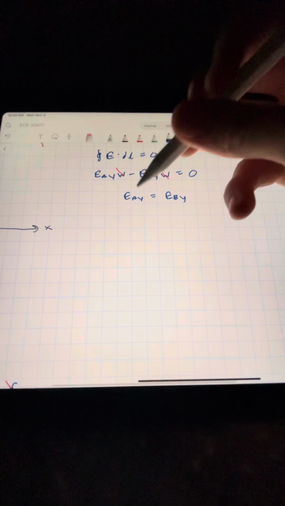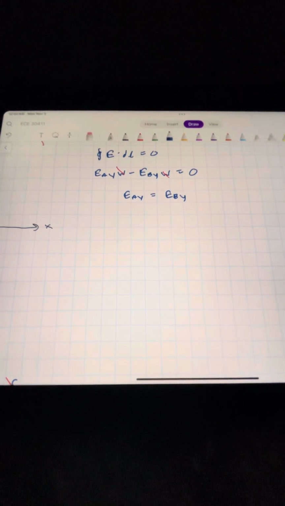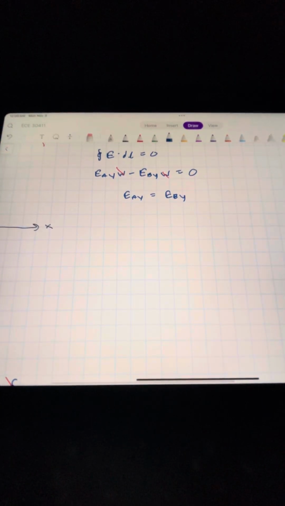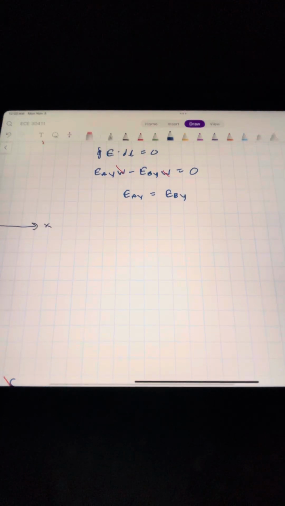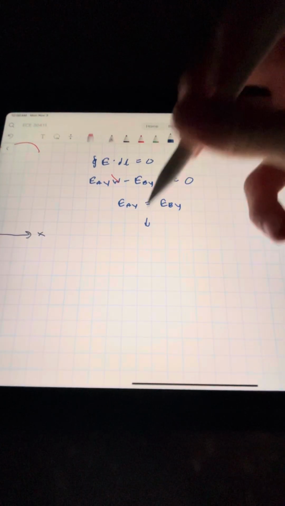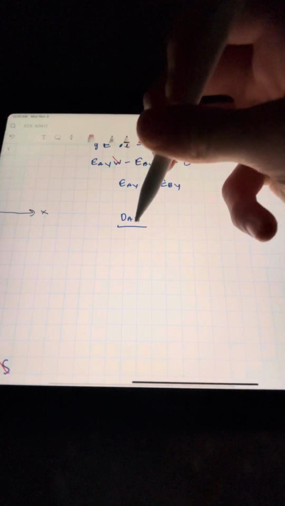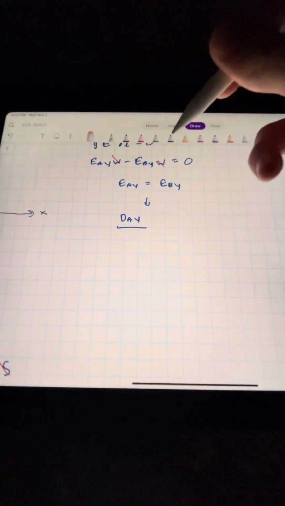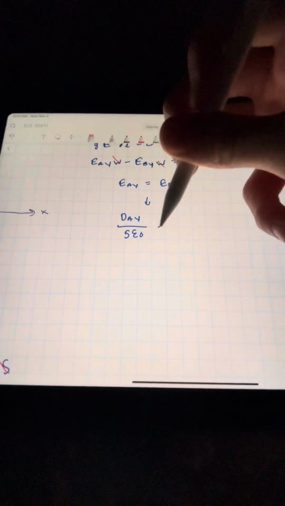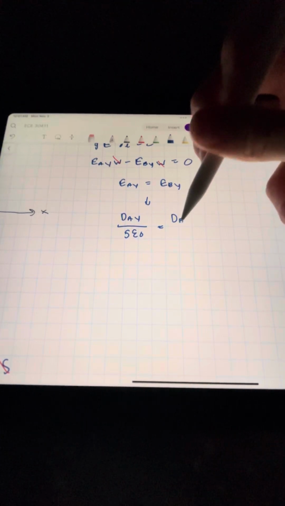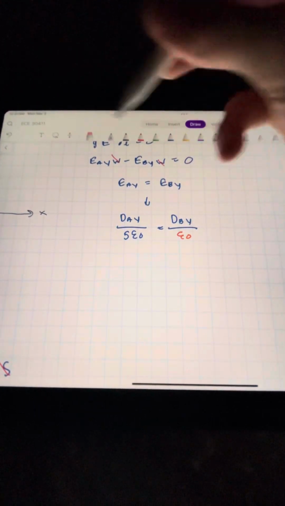And now we can go back here, and we know that the electric field is equal to the electric flux density over the permittivity of that region. So we can rearrange this, and we get D sub ay over 5 epsilon naught equals D sub by over just epsilon naught.